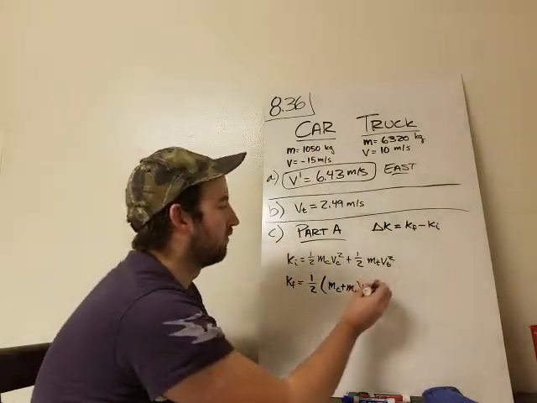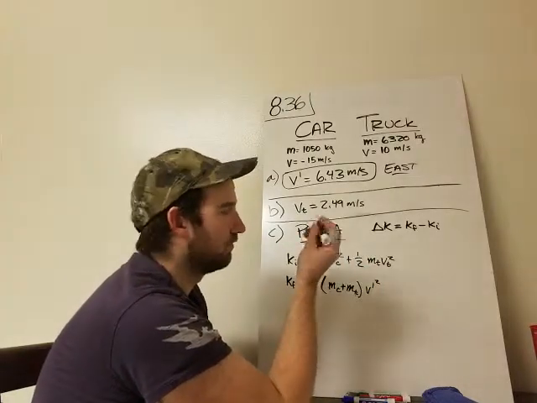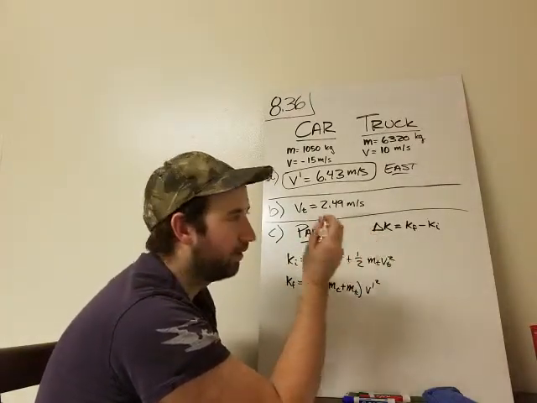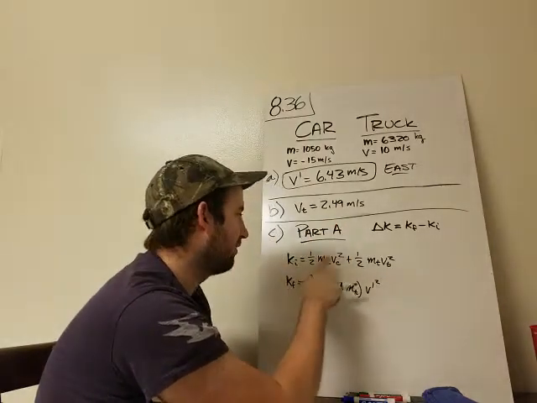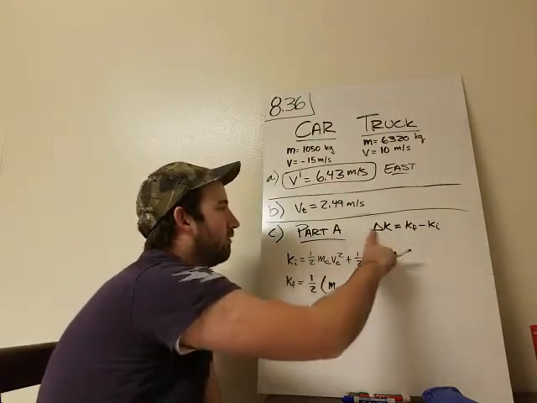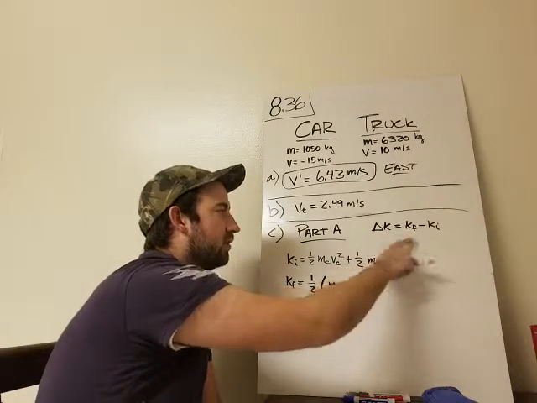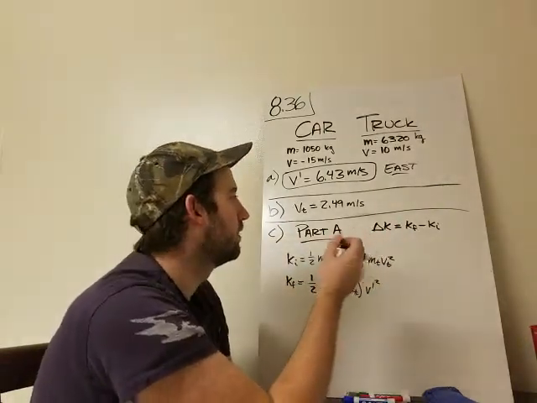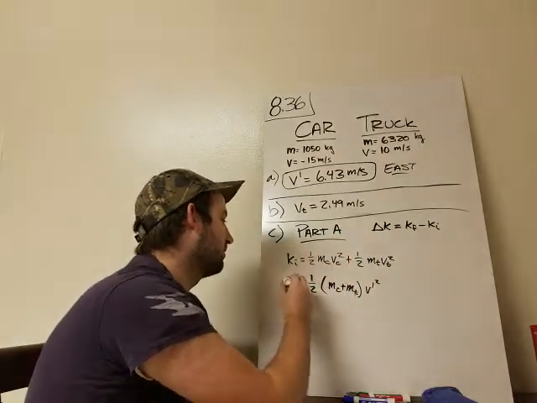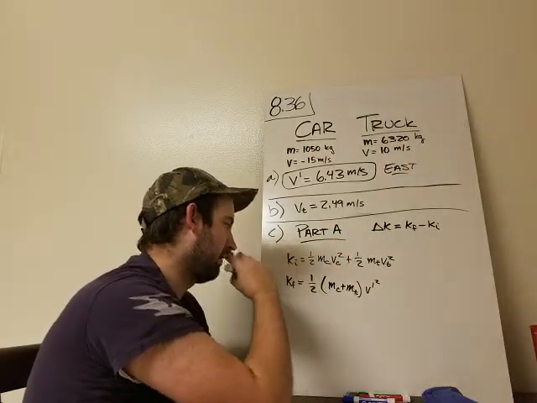Remember, the v prime from part A was the velocity after the collision. So now we have both of these, and what the real meaning of delta K is, is the difference. And so we subtract Ki from Kf.